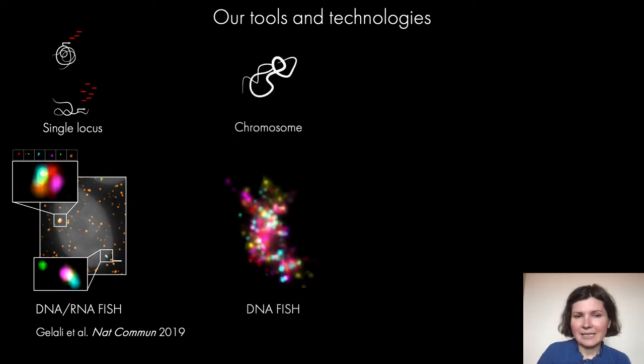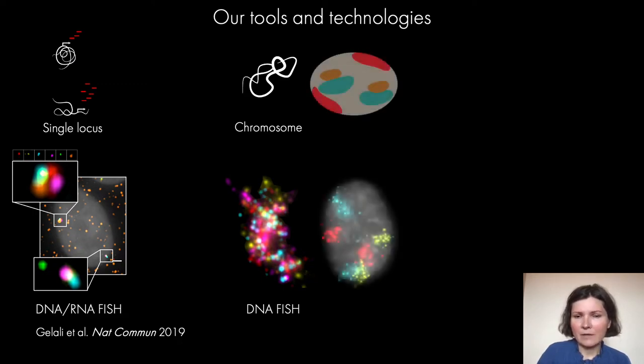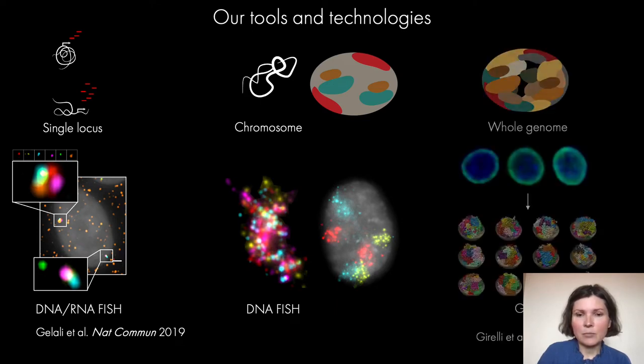We have been studying, using DNA FISH, details of chromosome structures, their arrangement in 3D, and basically looking for various spatial patterns of their localization. And more recently, we have been developing various sequencing-based approaches, and today I'm going to present to you one of such approach, which we called GPSeq.